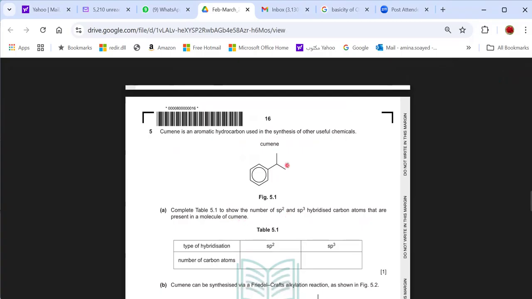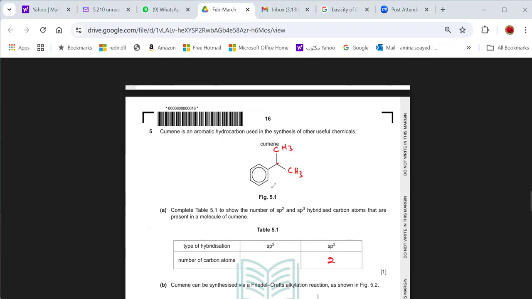For the sp3, we don't have except these two, because we know that sp3 means that the carbon is bonded to 4 bonds, or to 3 bonds and 1 lone pair. So if we look at these 2 carbon atoms, they are bonded to 4 bonds, 3 with hydrogens and 1 with this carbon, and here the same. So for the sp3, we have only 2 carbon atoms.